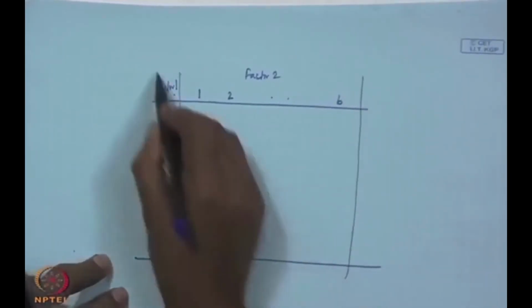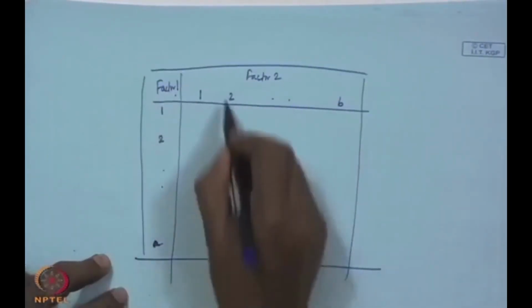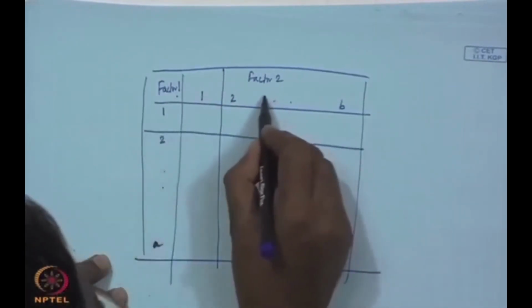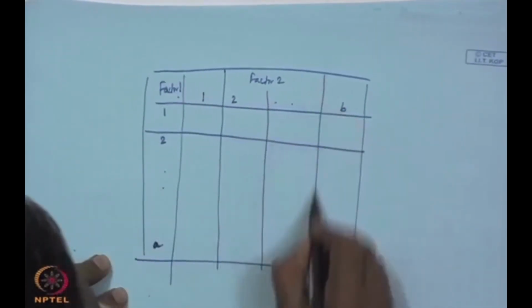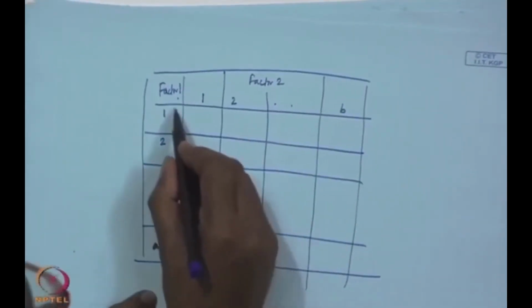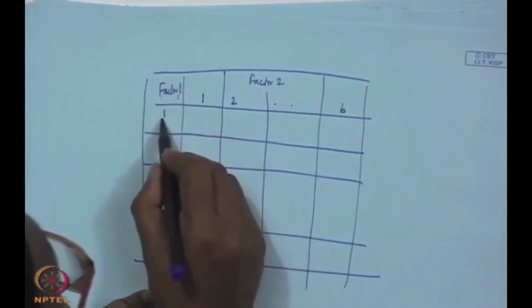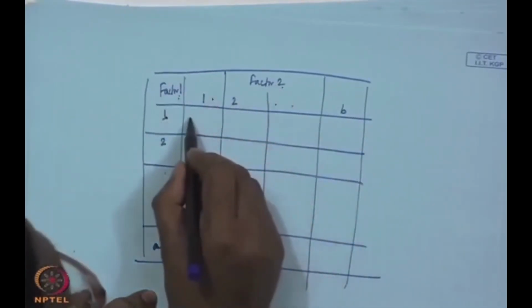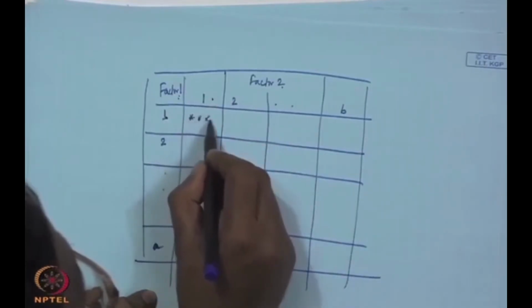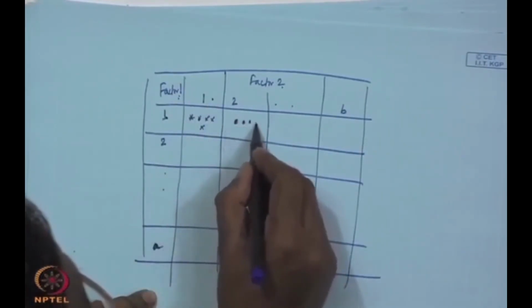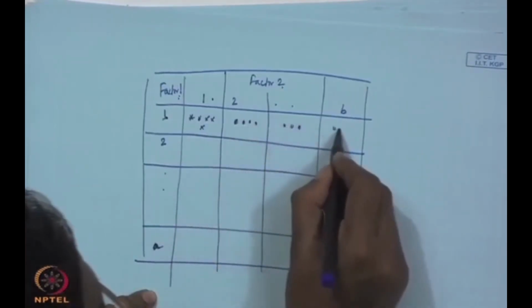Now, what will happen? You will collect data. So factor 1 at level 1, factor 2 at level 2, you collect a large number of data. Here also you collect some data.